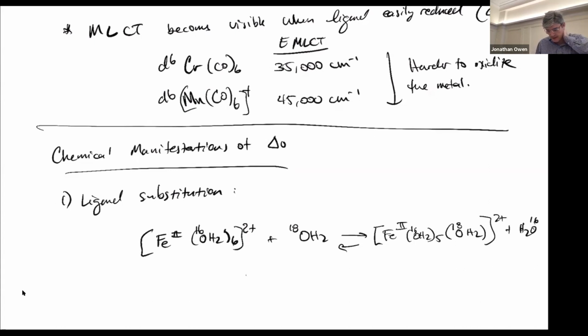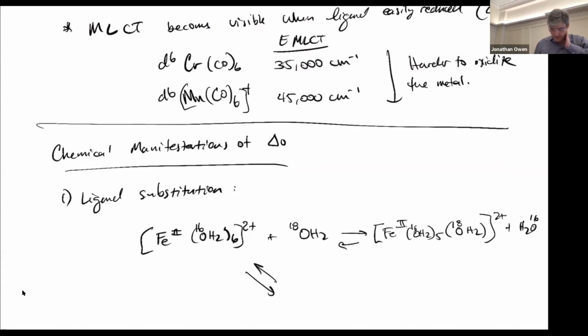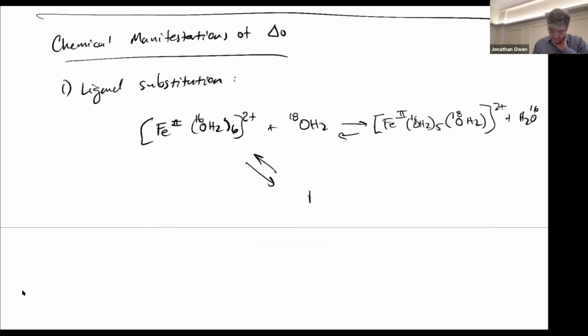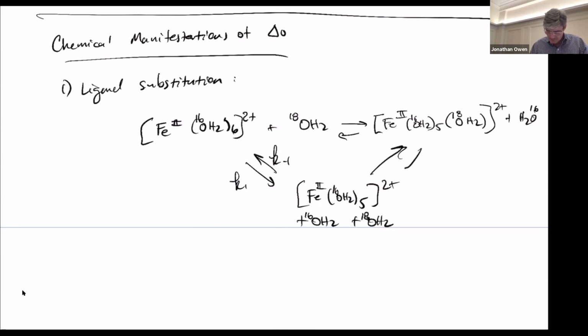It turns out the way that this happens is by dissociation. So you end up with a 5-coordinate compound. And that 5-coordinate compound could go and pick up the O16 water again, or it can pick up the O18 water, and so on and so forth.